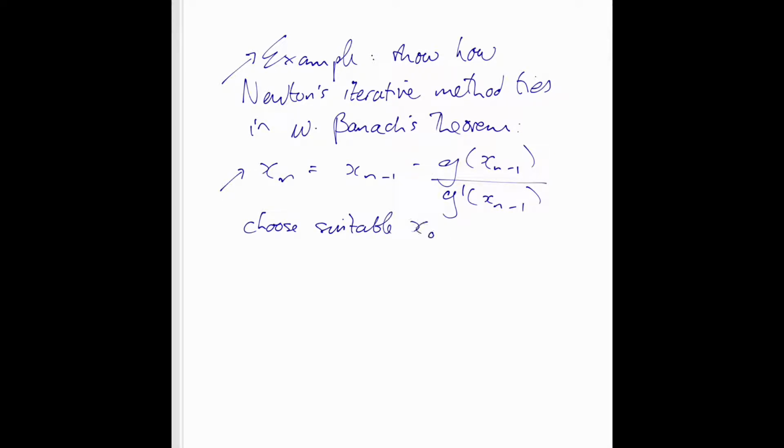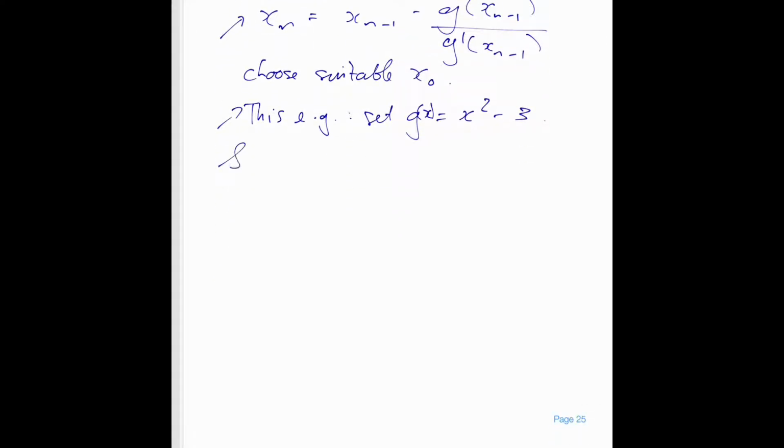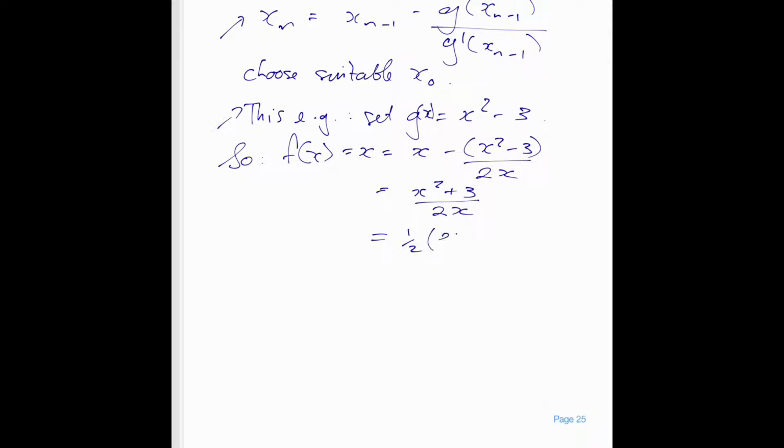The first term in the iteration is some suitable x naught. In this example, we set g of x equal to x squared minus 3, and f of x is equal to the entire iterative function, so equal to x minus x squared minus 3 over 2x. And we can simplify this down to a half of x plus 3 over x.